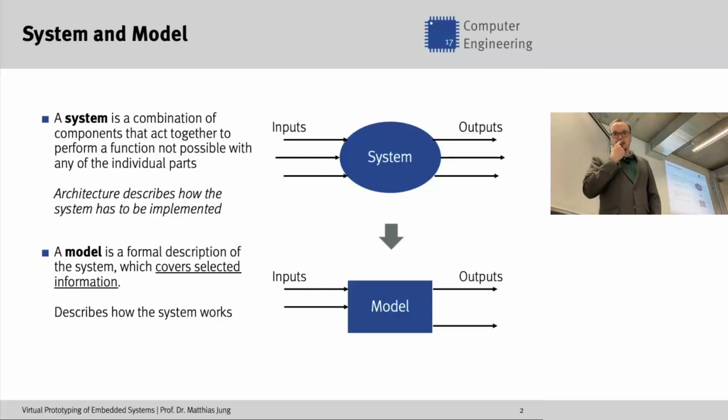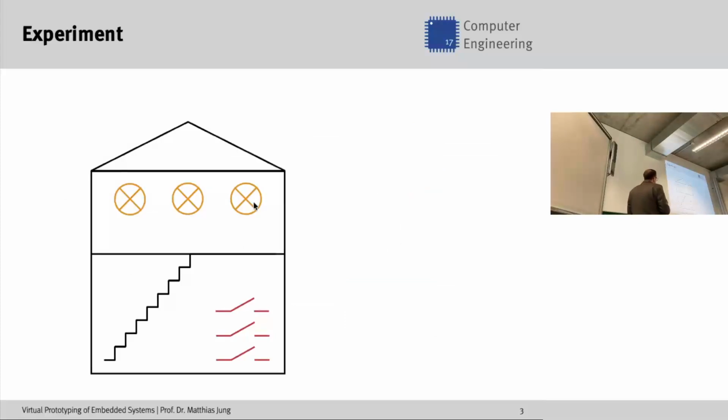I want to give you an example, a small experiment. Let's assume we have a house, and there we have 3 light bulbs, and these are controlled by 3 switches. If you know the example, please don't say anything. It's for me about the experience that you have now.